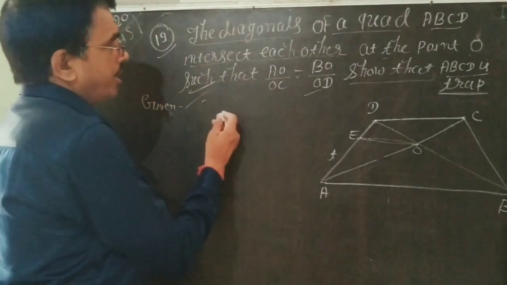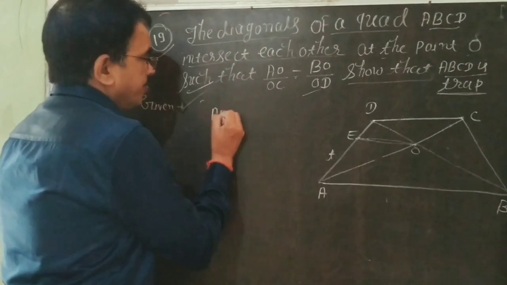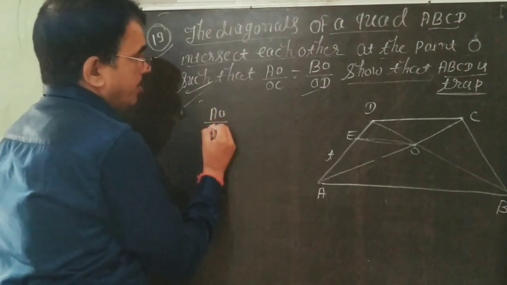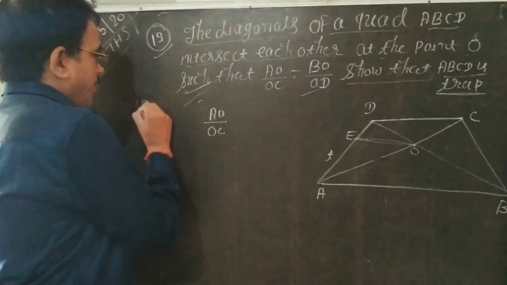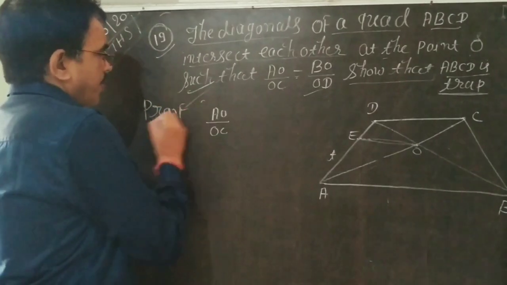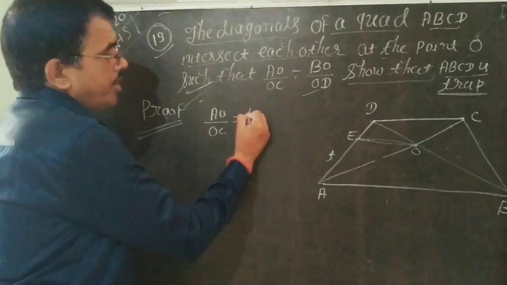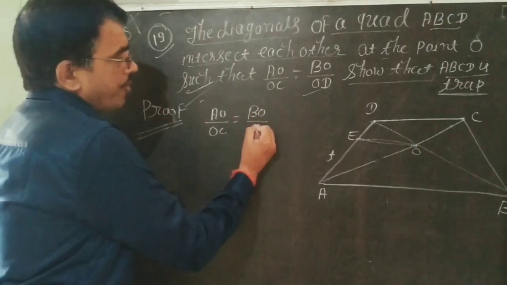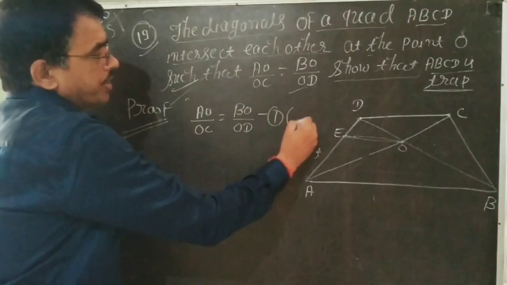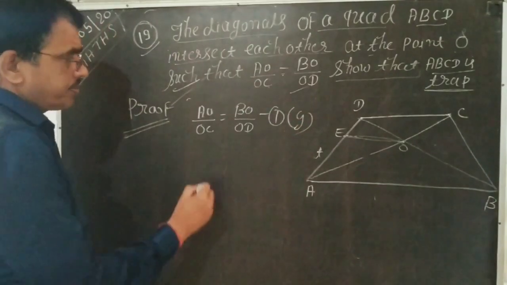You are given here AO by OC is equal to BO by OD. It is the first equation and it is given.